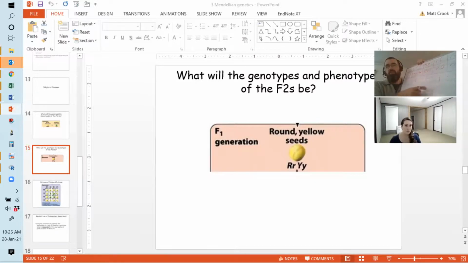So if you see a deviation from this ratio, if it's a test cross, or the 9-to-3-to-3-to-1 ratio, if it's a dihybrid cross, then that deviation is caused by a few different things, right? Either the phenotypes are affecting each other, which is called epistasis, or the genes are not assorting independently, right?